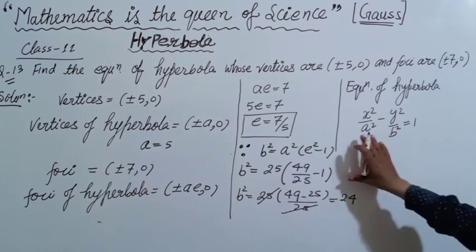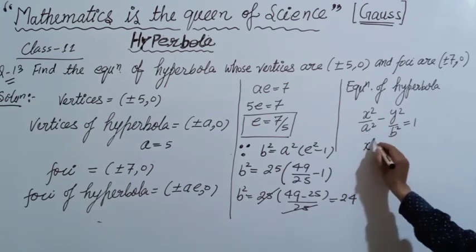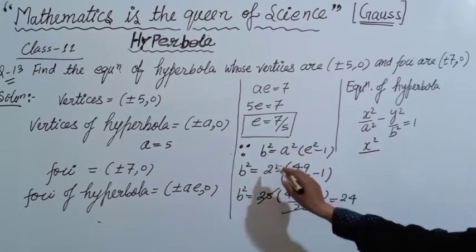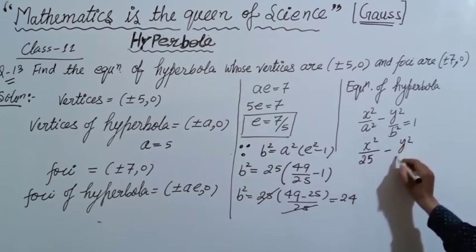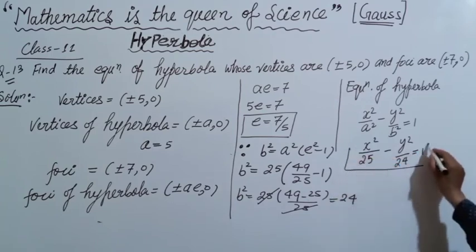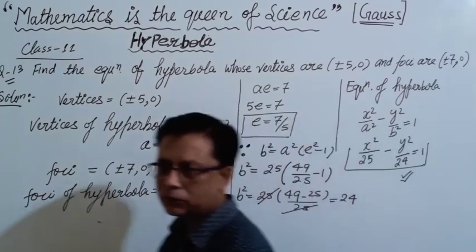Now students, we substitute the value of a square and b square and get the final result. So x square, the a is 5, so a square is 25, minus y square upon b square, which is 24, is equal to 1. So students, this is your final answer. So note down and practice this question.